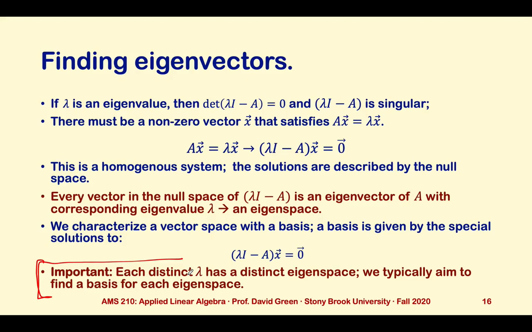We generally are trying to find a basis for each of the eigenspaces. Of course, if we have a different lambda here, this matrix will be different. If this matrix is different, its null space will be different. And so it's not a matter of finding just an eigenvector for an eigenvalue. It's a matter of finding eigenvectors for each of the eigenvalues.